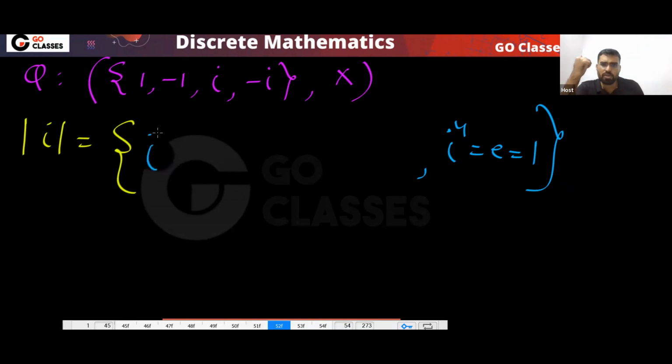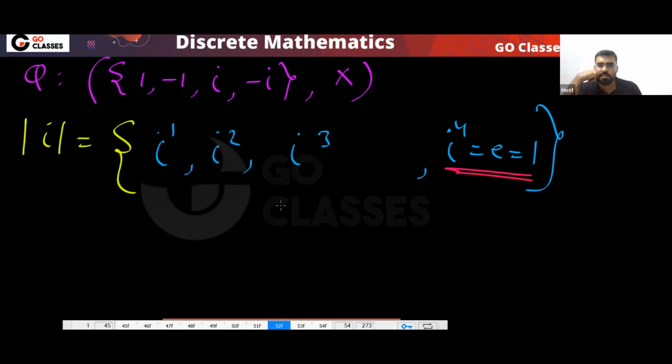See, if I put it like this, then this is a set, so this is a repetition, right? So what you can do is simply go iota power 1, iota power 2, iota power 3, and iota power 4 will be the identity element.